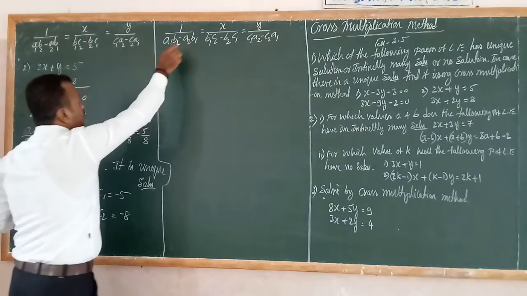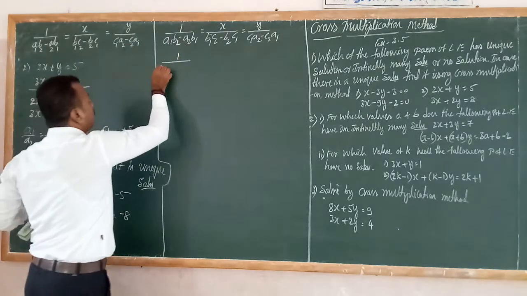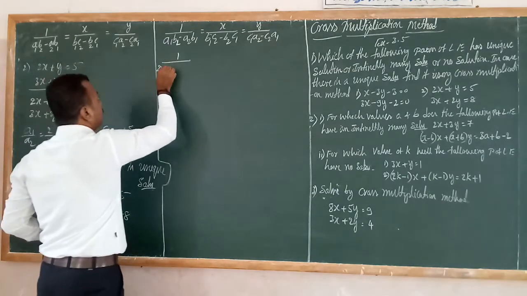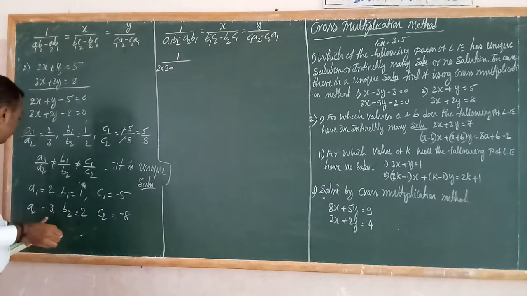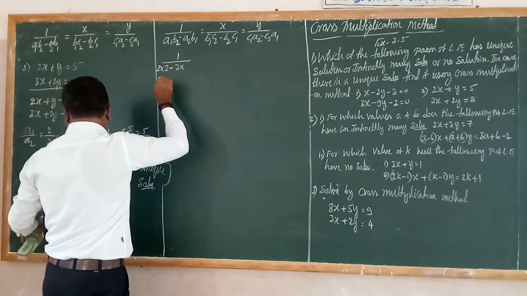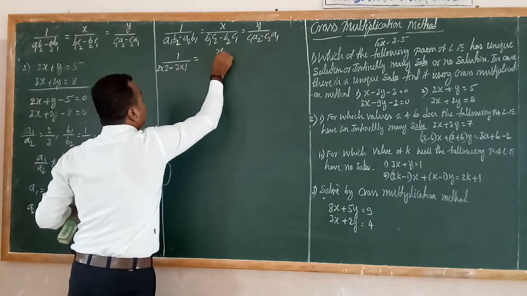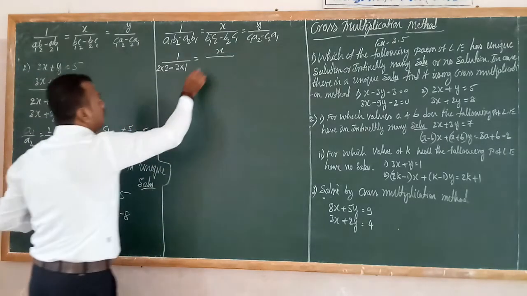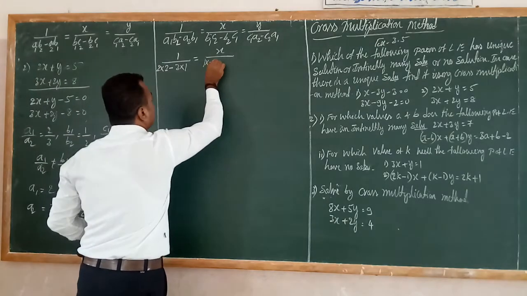So 1 upon a1 b2. What is a1? 2. So 2 into b2, which is 2, minus a2 into b1. What is a2? a2 is 3. 3 into b1 means 1. Okay, it is equal to x upon b1 means 1, into c2 means minus 8.